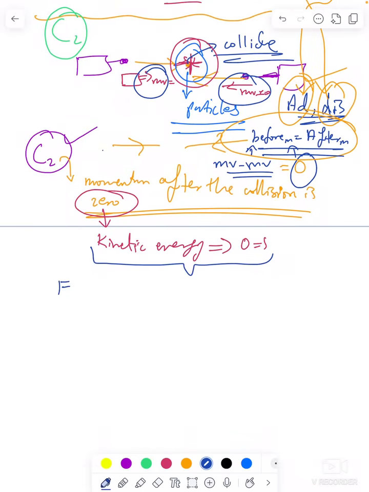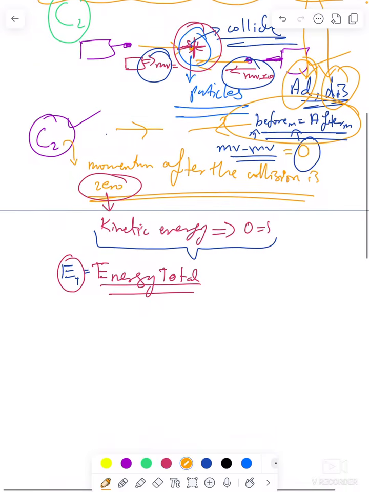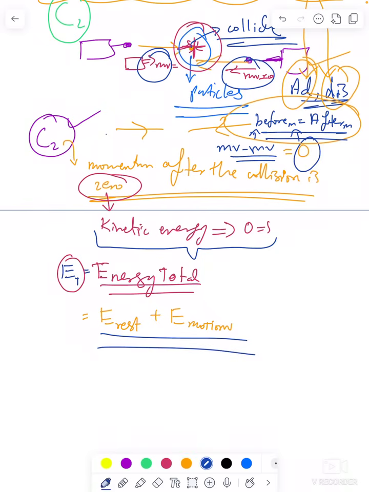Why? Because when we talk about the energy of a particle, we have two types of energy summed together to give us the total energy: the rest energy plus the motion, or kinetic energy. This is what total energy is all about.